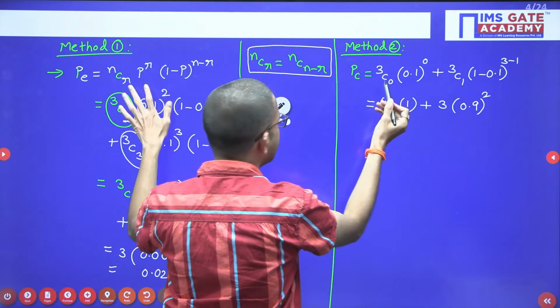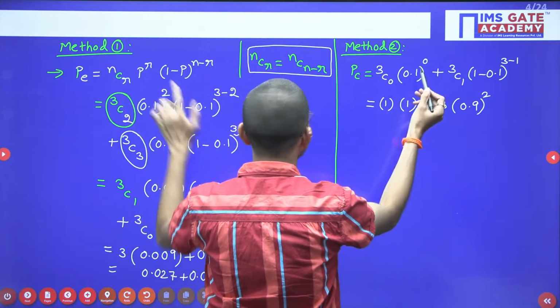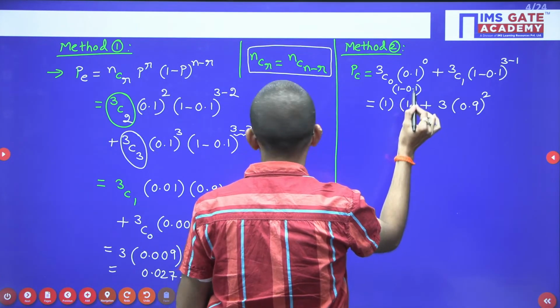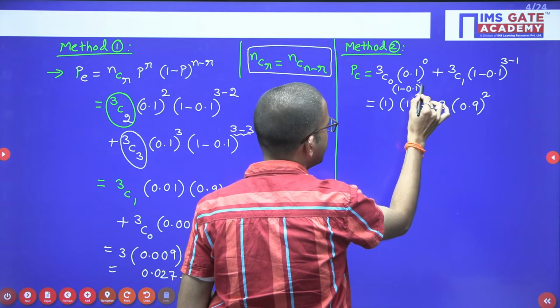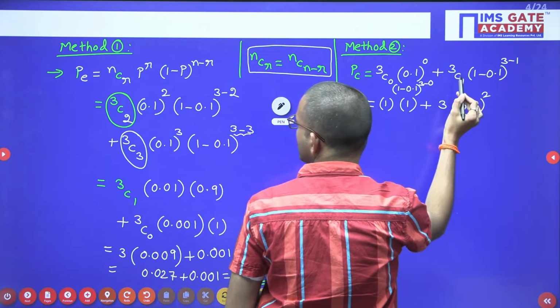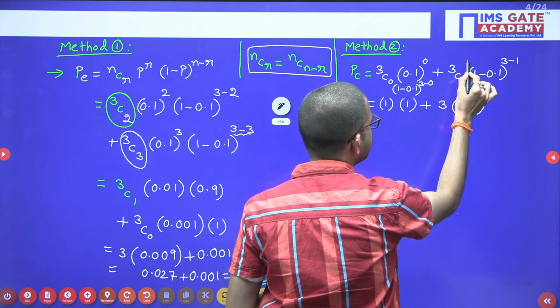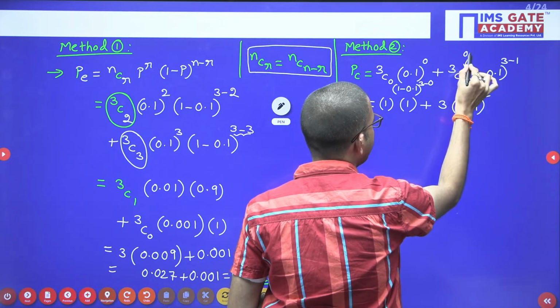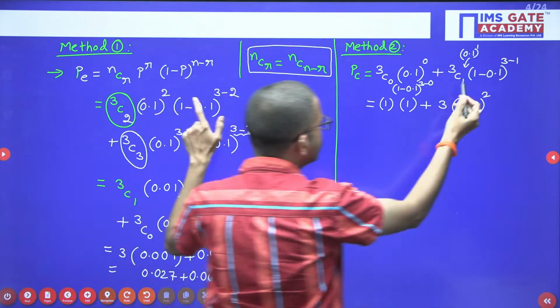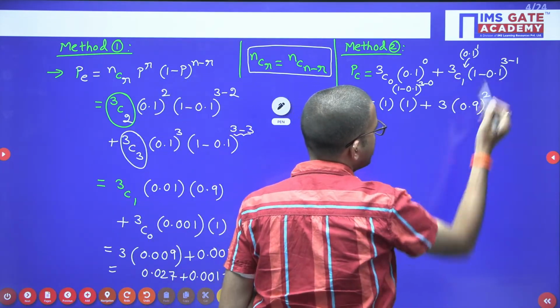Here by using this formula, 3C0 into 0.1 whole power 0 into 1 minus 0.1 whole power 3 minus 0. Similarly here 3C1 into 0.1 whole power 1, that is P power R into 1 minus P whole power n minus R, right?